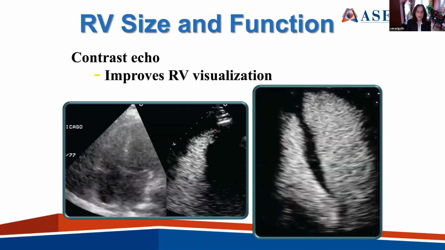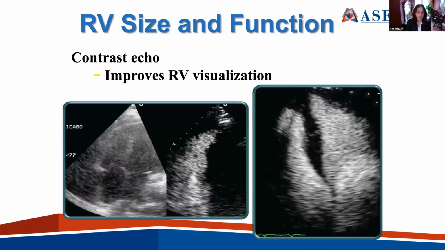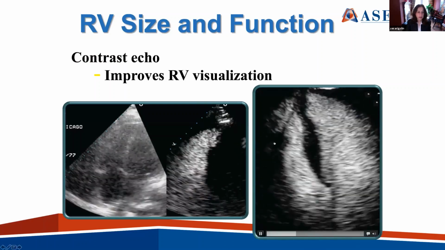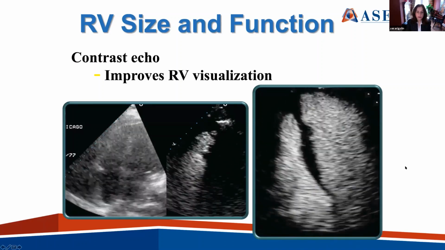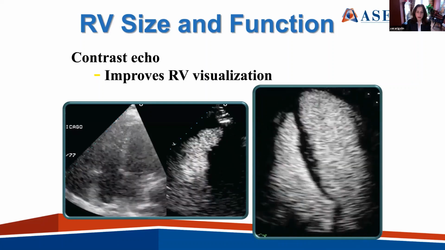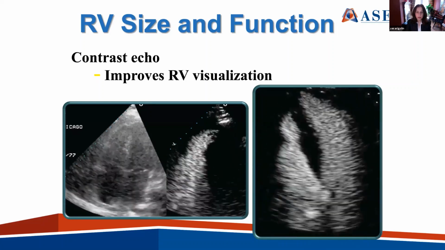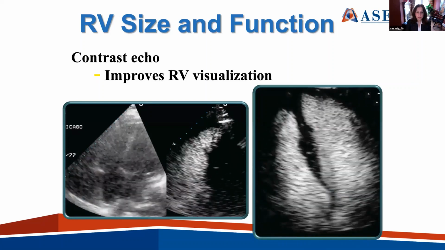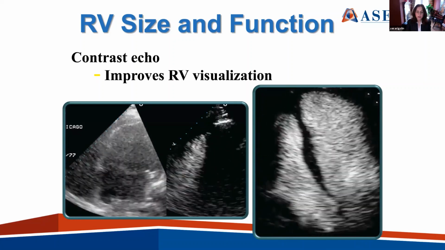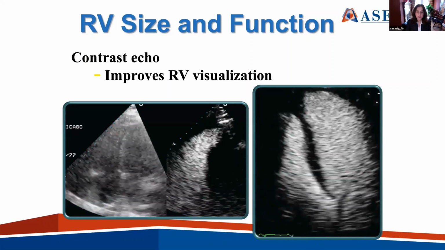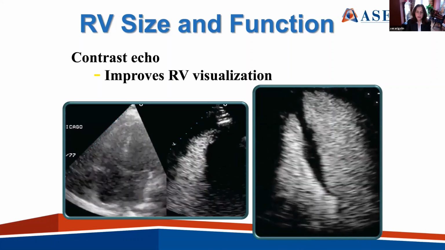Now sometimes the right ventricle can be very difficult to see, as shown in this example, because the lungs are very close to the right ventricle, and we know that air and ultrasound do not work well together. So contrast can sometimes be helpful to visualize the RV free wall, so take advantage when you use contrast to look at the left ventricle.